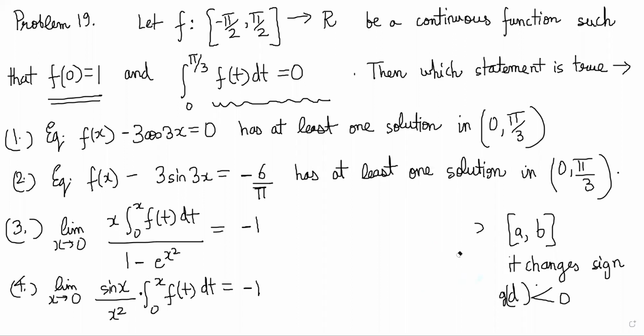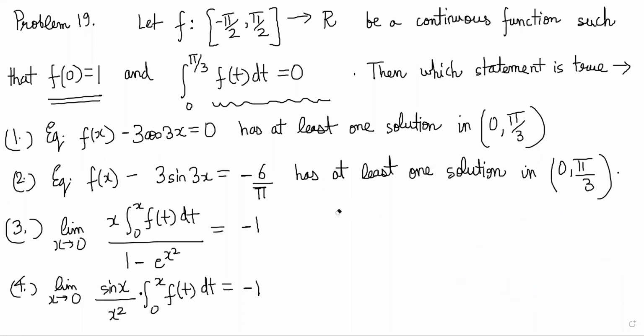So here, the equation that we have to solve is f of x minus 3 cos 3x equal to 0. And similarly for the other one. So I can say that I will define a new function. Let's say my new function is g of x, which is equal to f of x minus 3 cos 3x, right?